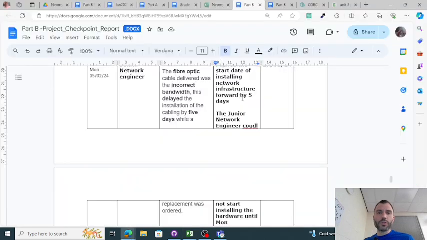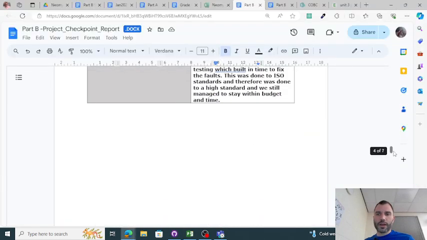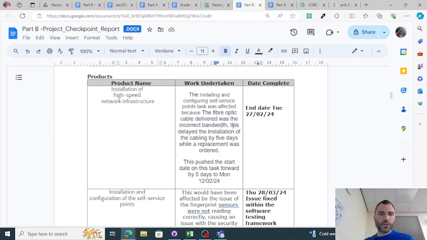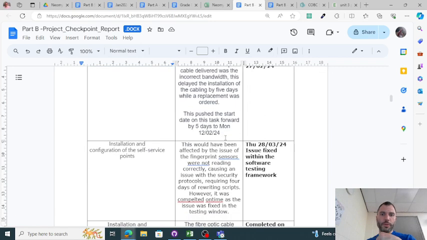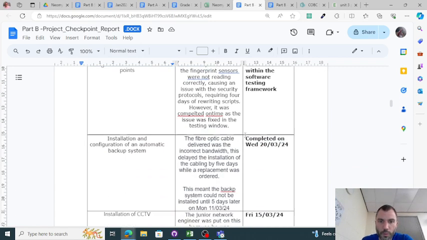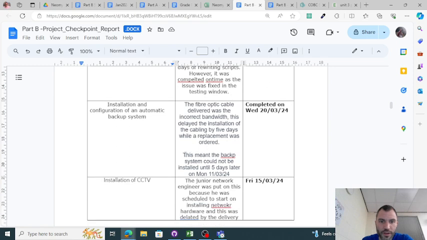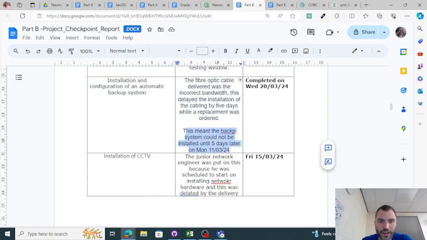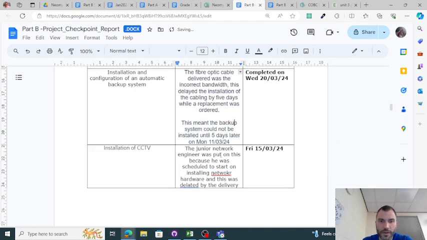So what I did was, when I went through the products, I explained which product was affected, how it pushed it forward, and which ones were not affected, and I put some dates in to say when they were affected by.